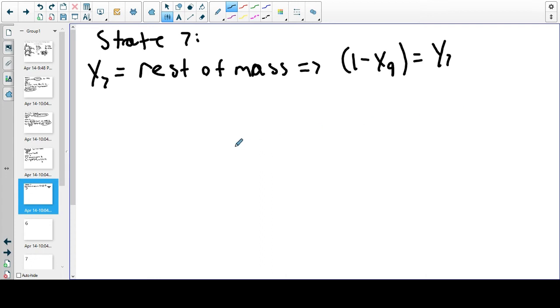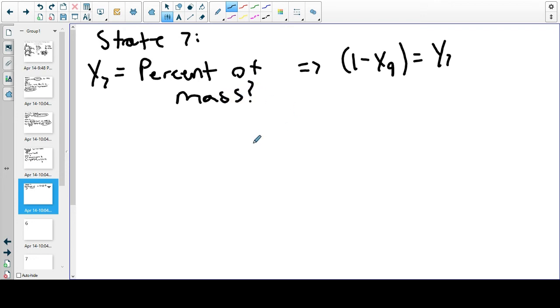We're going to be using Y9s, but I just wanted to show you that is the rest of the mass. If you wrote it like that, it works out. It checks out. And like I said, this is percentage of mass. This isn't quality. Quality is the X's in my world. I don't really know what to call it. I guess it may be direction of mass, like where it went, right? So I guess you could say percent of mass going one way or the other.